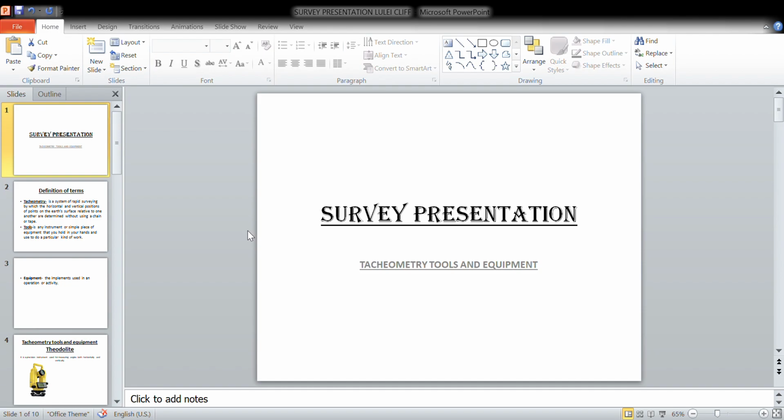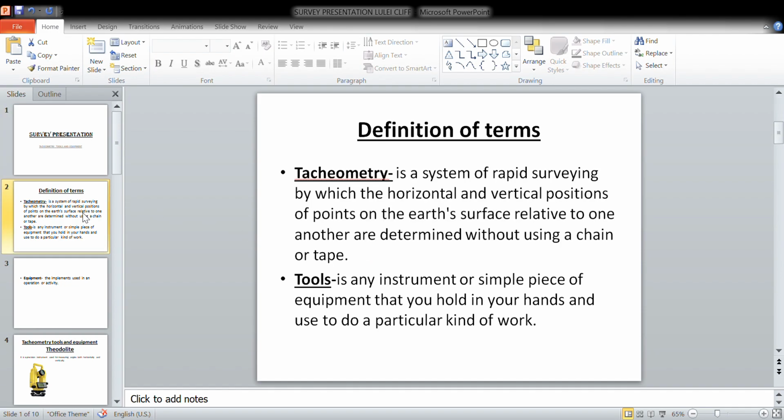I think that's the right term to be used when defining tachymetry. When defining tachymetry, there are main terms that should appear in your statements, like rapid, horizontal, vertical positions, and also on the surface relative to one another. Those are the key points that should be noted in your definition.